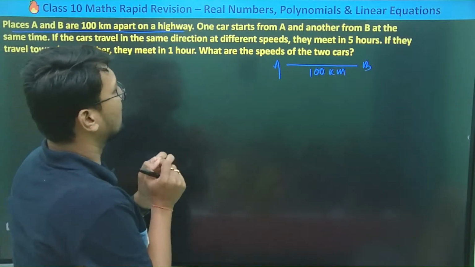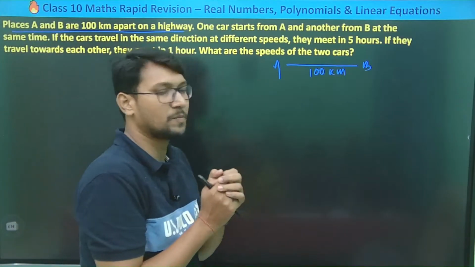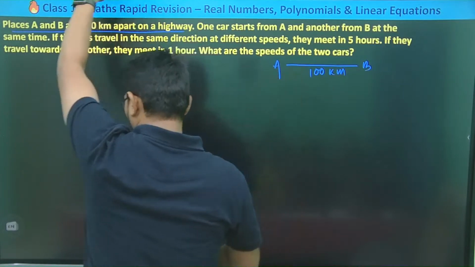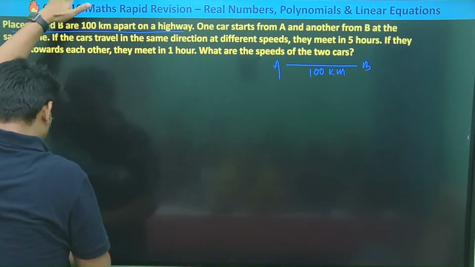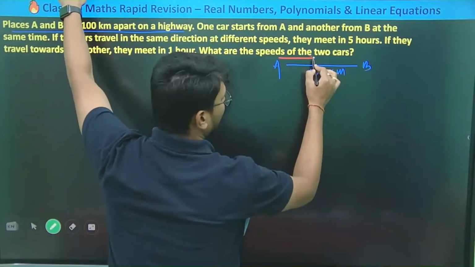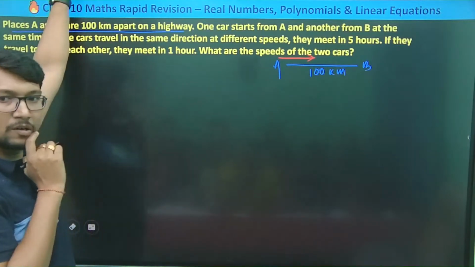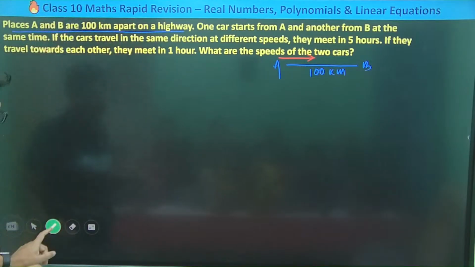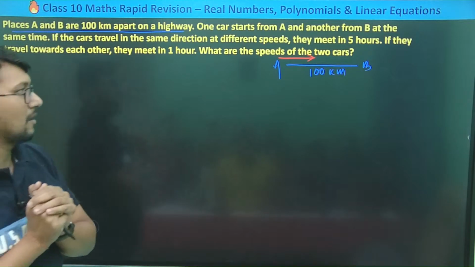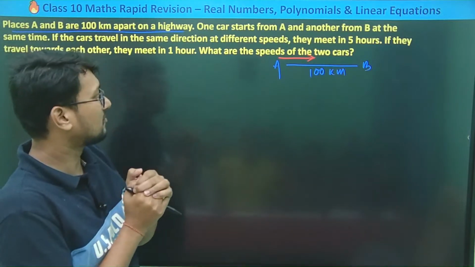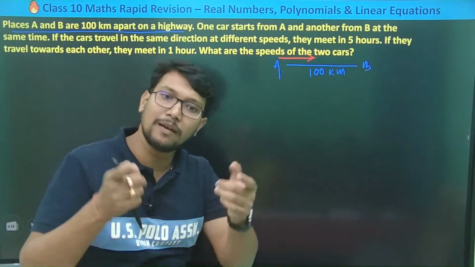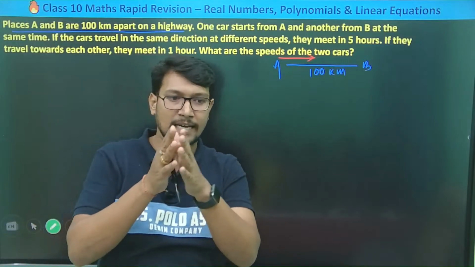If the cars travel in the same direction at different speeds, same direction means both are moving, let us say, to the right side, in this direction. Both have different speeds. What are we asked? The speeds of the two cars. We will assume those speeds are different.